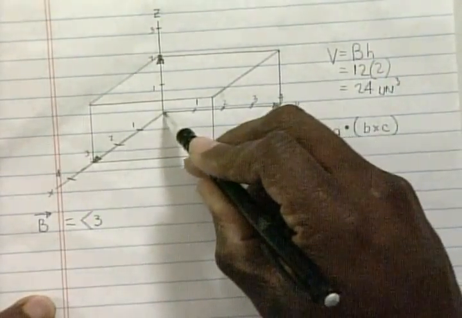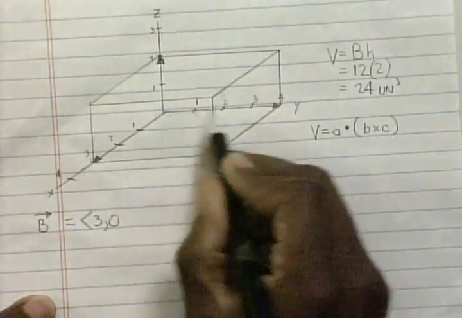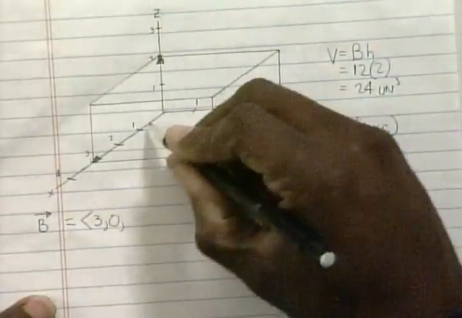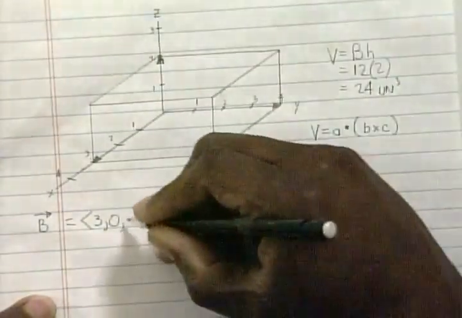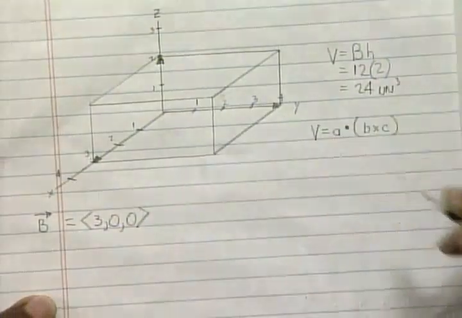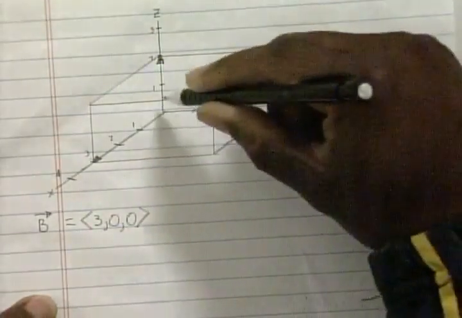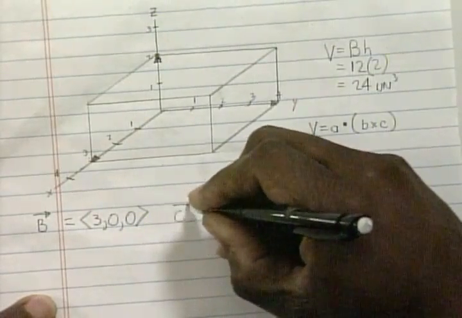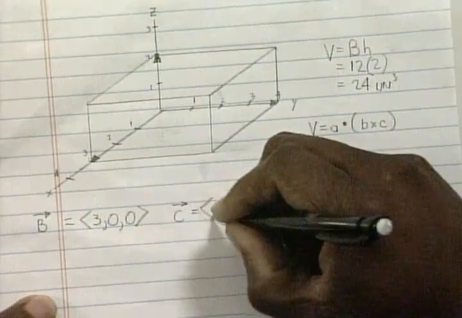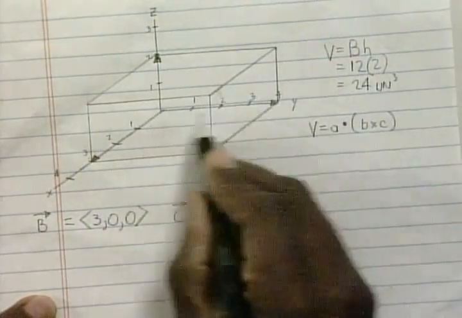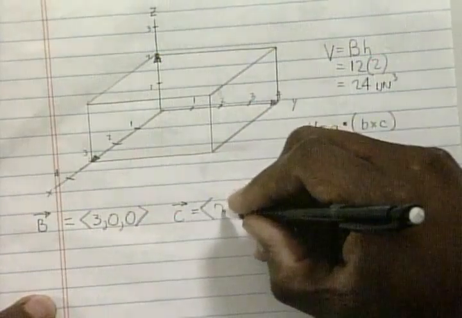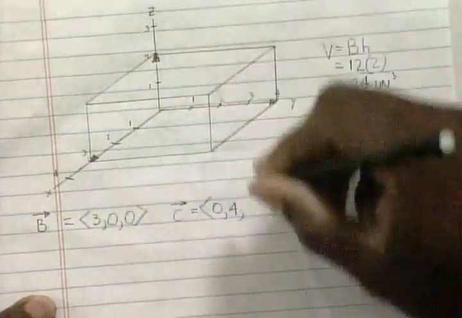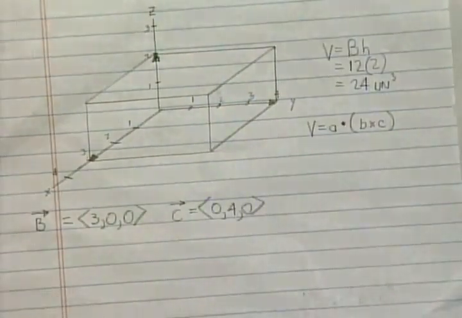This vector is going 0 in the y, and 0 upwards in the z direction. So we're calling that vector B, and we're calling this vector C. This vector here is lateral, so it's going 0 in the x, 4 on the y-axis, and not going up or down, so 0 in the z direction.